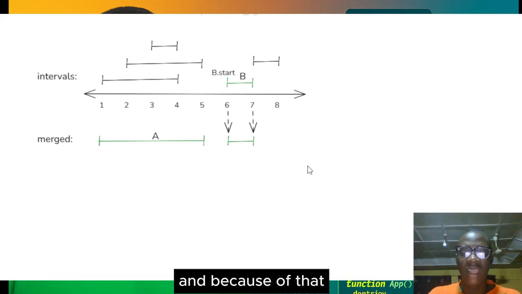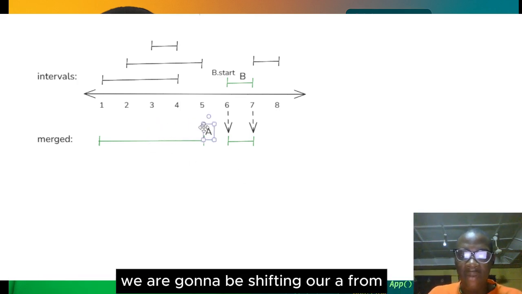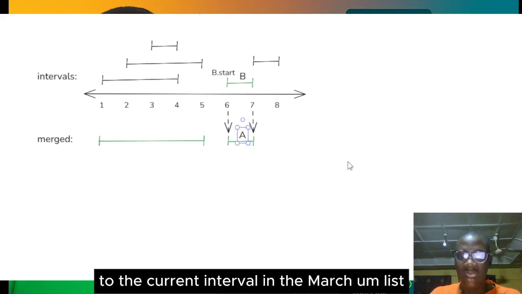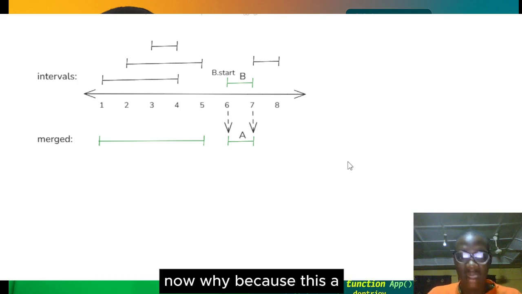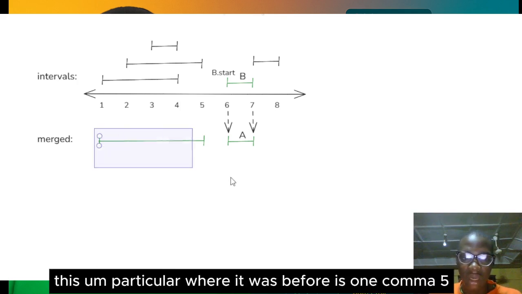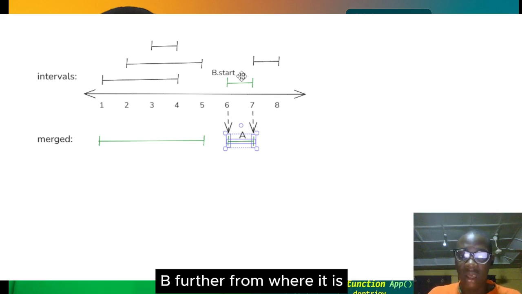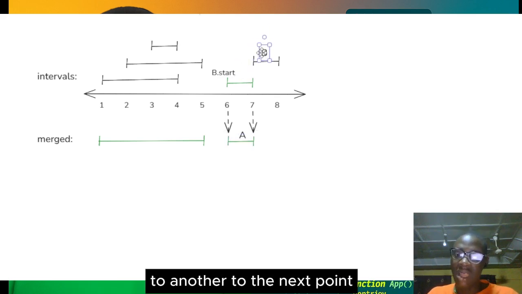Because of that, we are going to shift our a to the current interval in the merge list. Why? Where it was before is 1, 5, now we are at 6, 7, and we are guaranteed that we will be moving our b further to the next point.